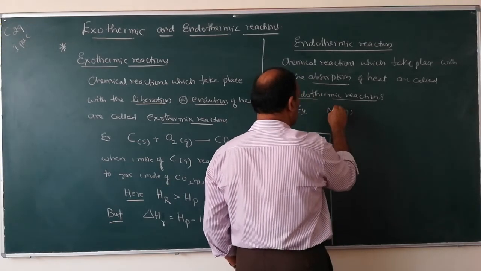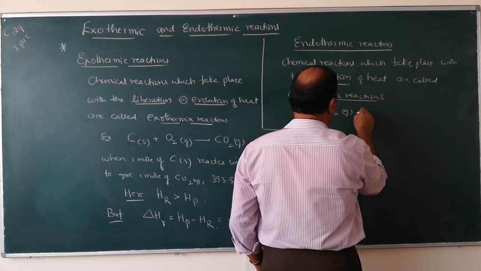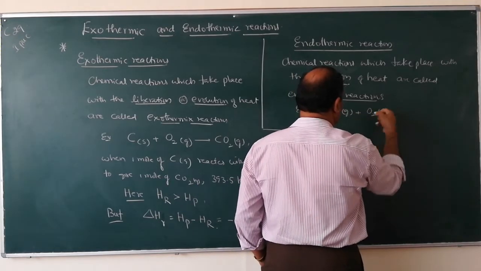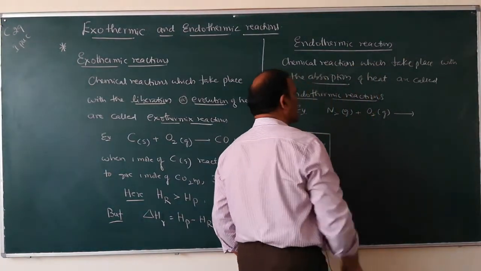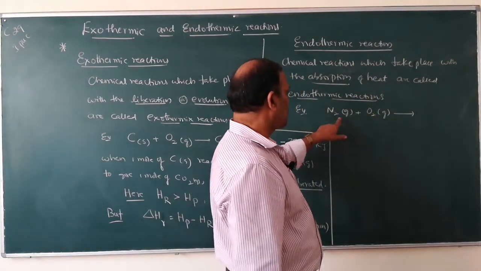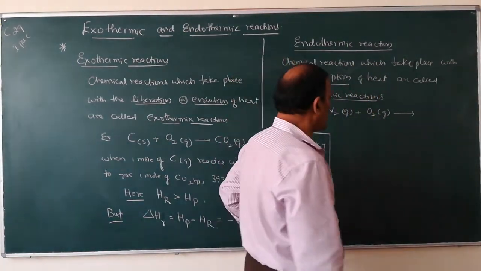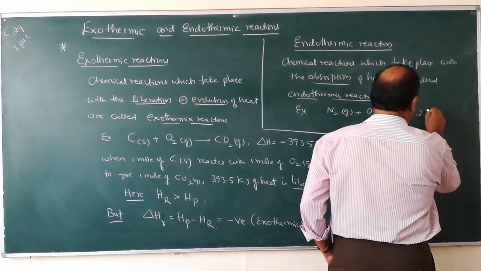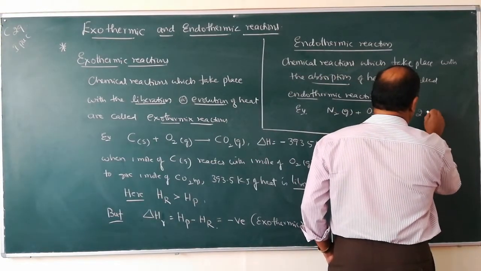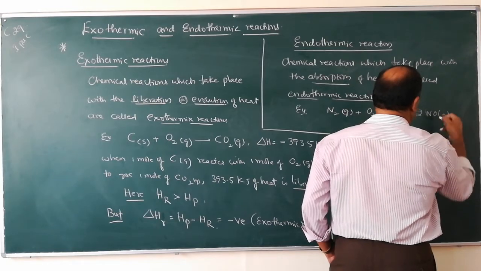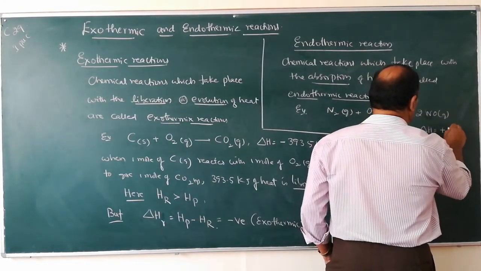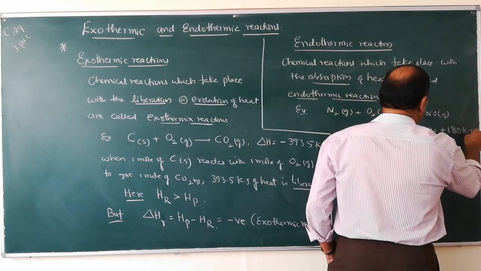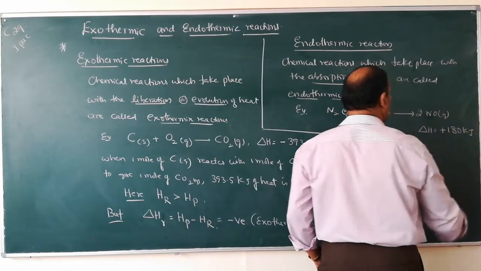Example, N2(g), nitrogen gas, plus O2(g), oxygen gas: when gaseous nitrogen reacts with gaseous oxygen to give gaseous nitric oxide NO(g), delta H equals plus 180 kilojoules.